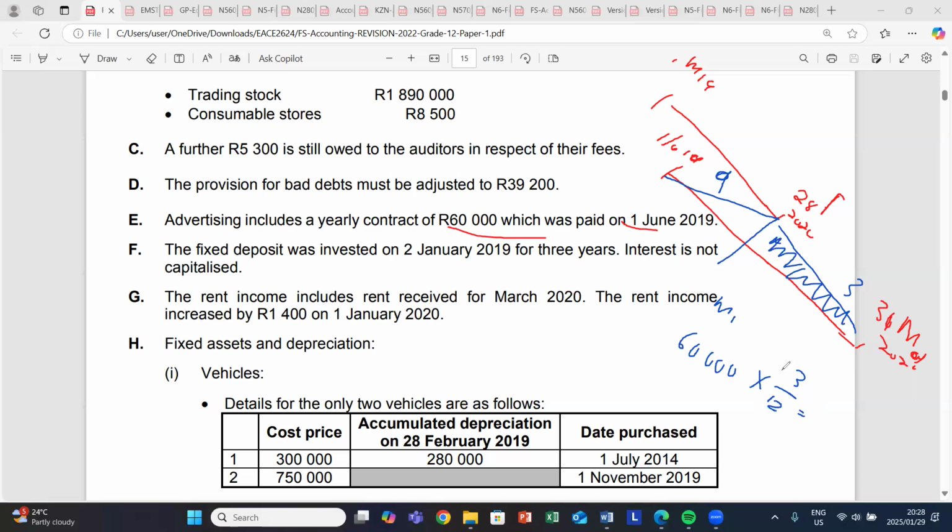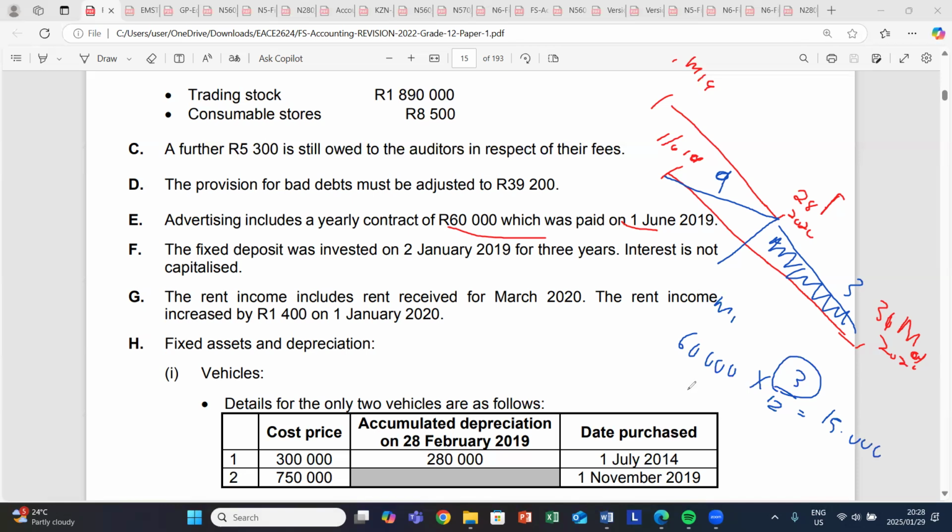We'll multiply by 3 divided by, since it's a yearly premium, 12. Why 3 divided by 12? I want it for 3 months, which is the prepaid expense, divided by the yearly premium. So how much do we get? 60,000 multiplied by 3 divided by 12. We'll get 15,000 rand. This is our prepaid expense, the one that you'll have to minus.